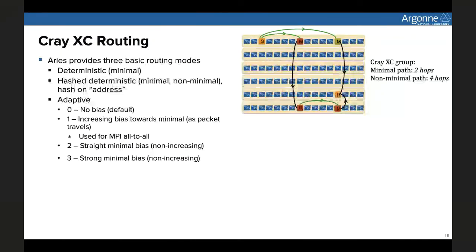By default, all-to-all and all-to-all V use this adaptive 1 routing mode. Otherwise, the rest of the MPI traffic by default uses adaptive 0. Adaptive 0 is the default on Theta. The other flavors are adaptive 2, which has a weak bias towards minimal, and adaptive 3, which has a strong bias towards minimal.